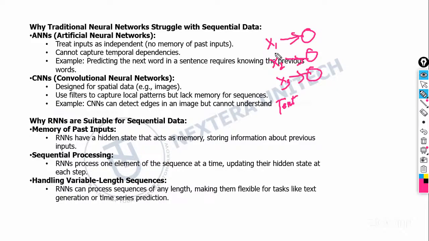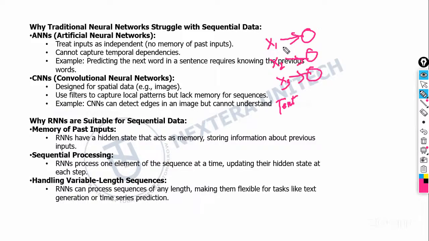The order is okay, the sequence is matching. Fine. What if I change the sequence? Will the output be the same again? No. So that is where the sequence or the order of the data is very important with respect to sequential data. And this is one reason why traditional ANNs cannot be used on sequential data.